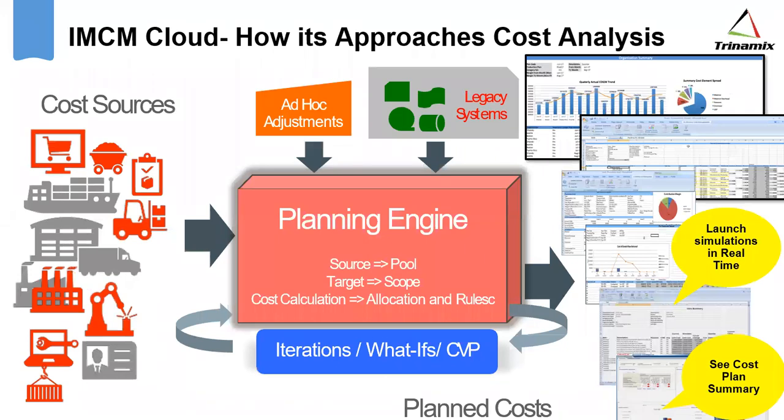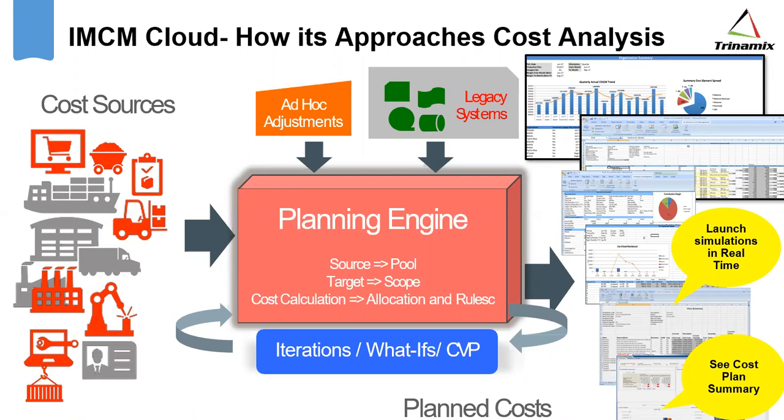So how does it approach the problem? There is an engine inside the platform. It's not a BI tool. There is an engine which takes the data. On the left-hand side are the cost sources. We discussed in the first slide that you have source, make, deliver, then overhead and customer retention cost.